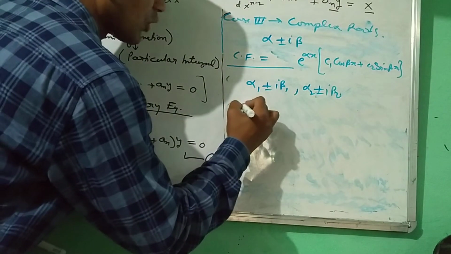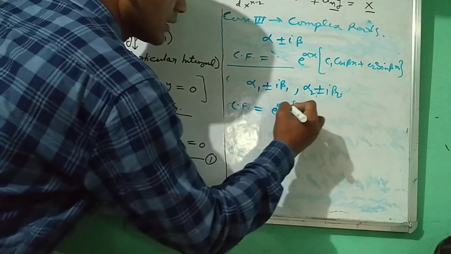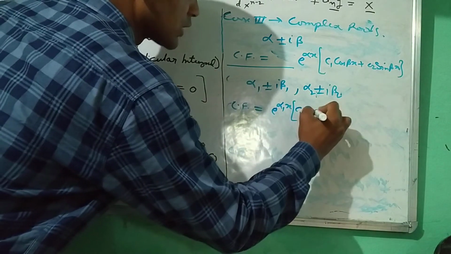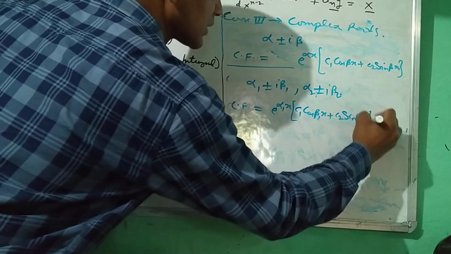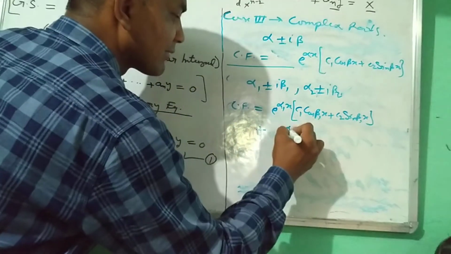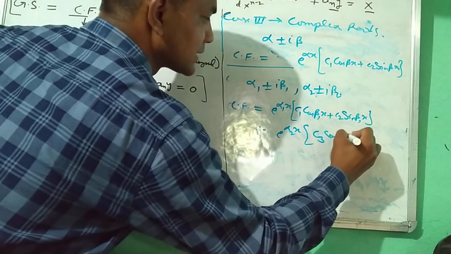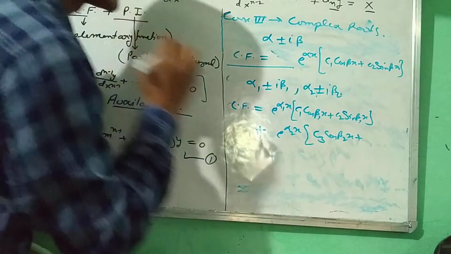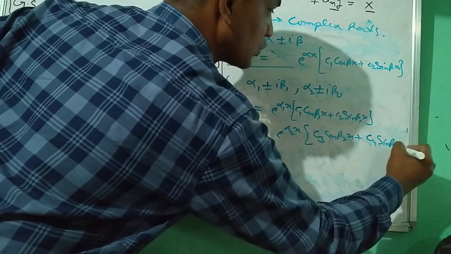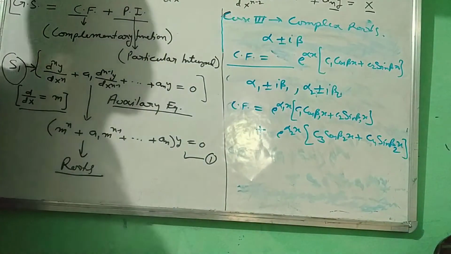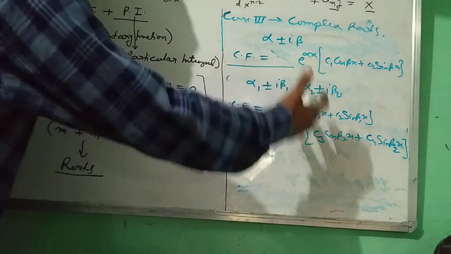Then the complementary function is e to the power alpha 1 x (c1 cos beta 1 x plus c2 sin beta 1 x) plus e to the power alpha 2 x (c3 cos beta 2 x plus c4 sin beta 2 x). This is the complementary function for four complex roots.